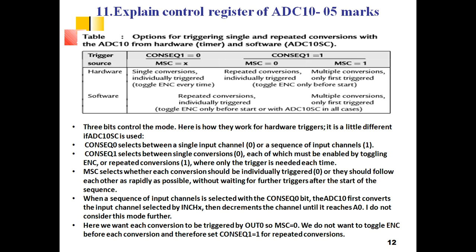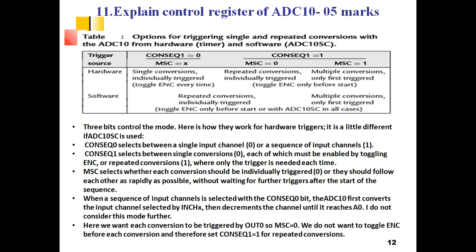After the start of the sequence, the sequence of input channels is selected, which is the CONSEQ bit of 0 and 1. So what happens in ADC10: first it converts the input channel selected by input channel 6, then decrements the channel until it reaches A0, and will not wait for a trigger every time.